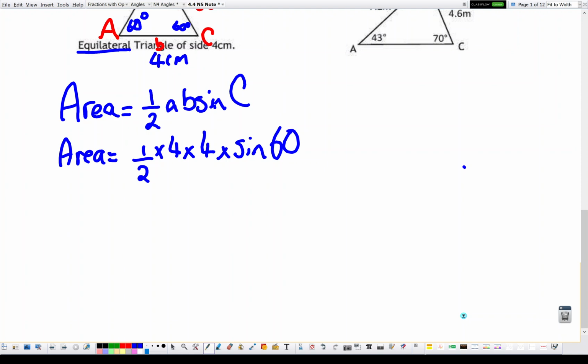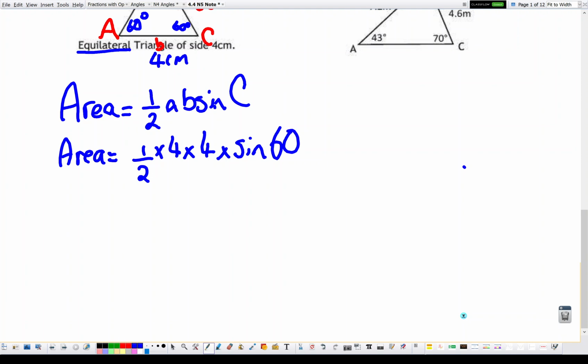So put it in as 0.5 times 4 times 4 times the sine of 60. Make sure that if you're using a scientific calculator on Google or whatever, it is in degrees. There should be a wee button up the top left that says either DEG or RAD. It needs to be in DEG, or else it's going to give you a wrong answer.